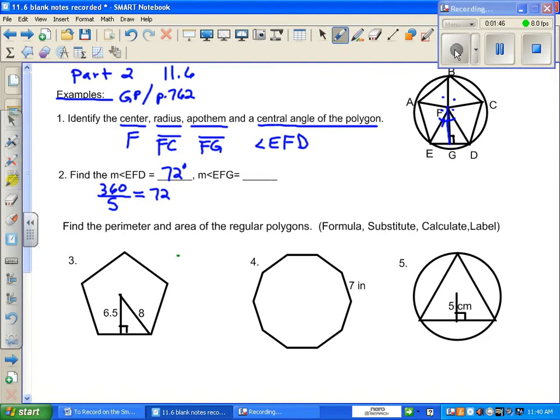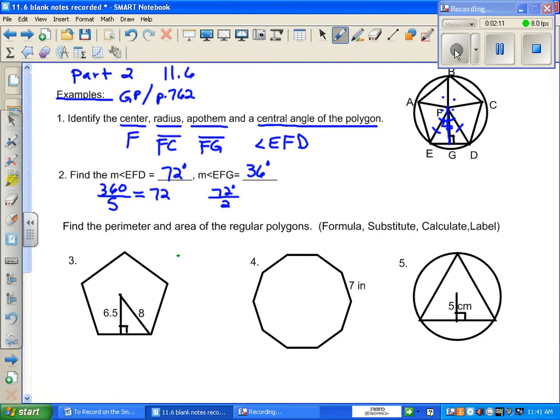These two triangles are congruent, and they're congruent again by HL. And if they're congruent, their corresponding angles are congruent. That means both are going to be congruent, and we would take our 72 degrees and divide it by 2, and so I get 36 degrees. So that's the angle interior. It's actually the central angle, and it's angle EFG.